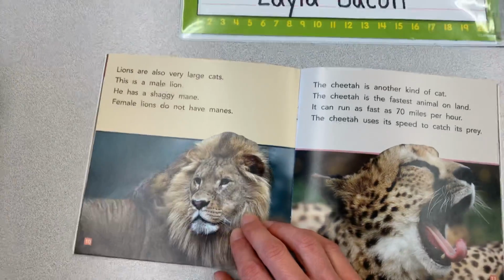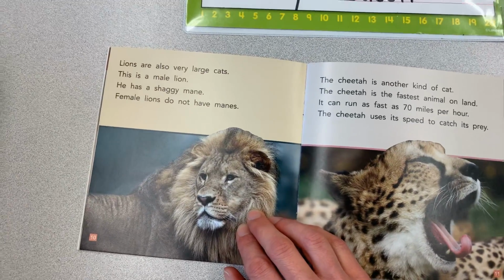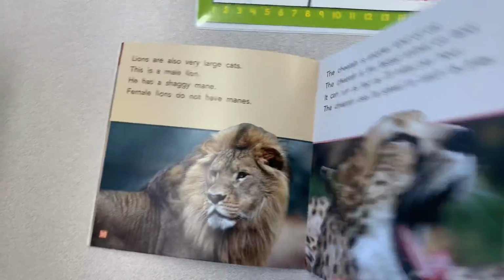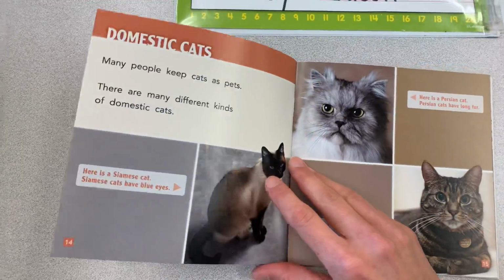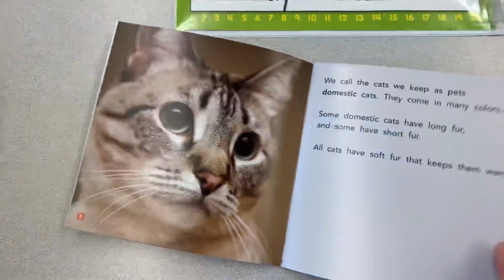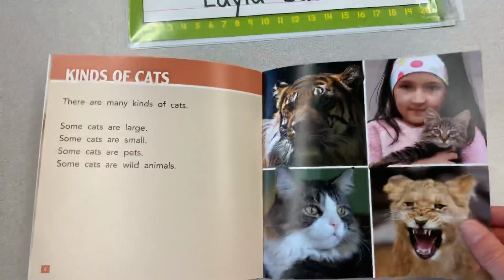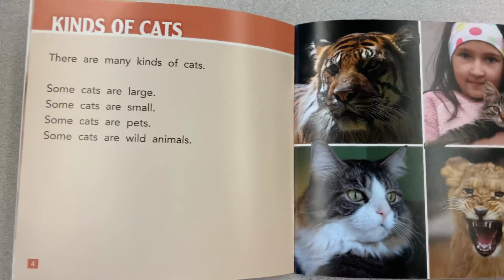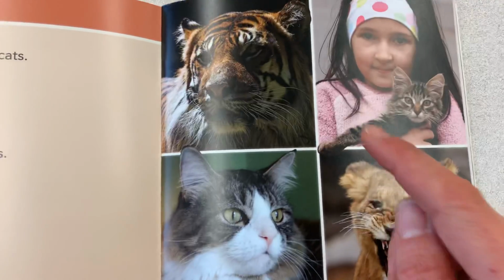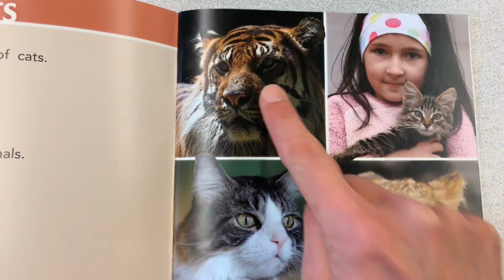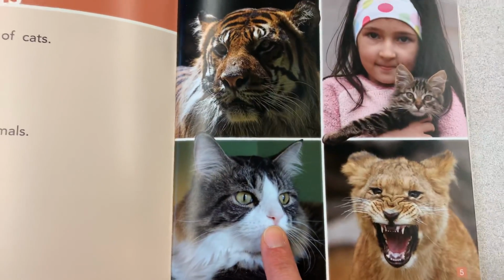How about... let's go, I'm sorry, kiddos. Let's go to page 5. Page 5. Let's compare this tiger to this house cat.